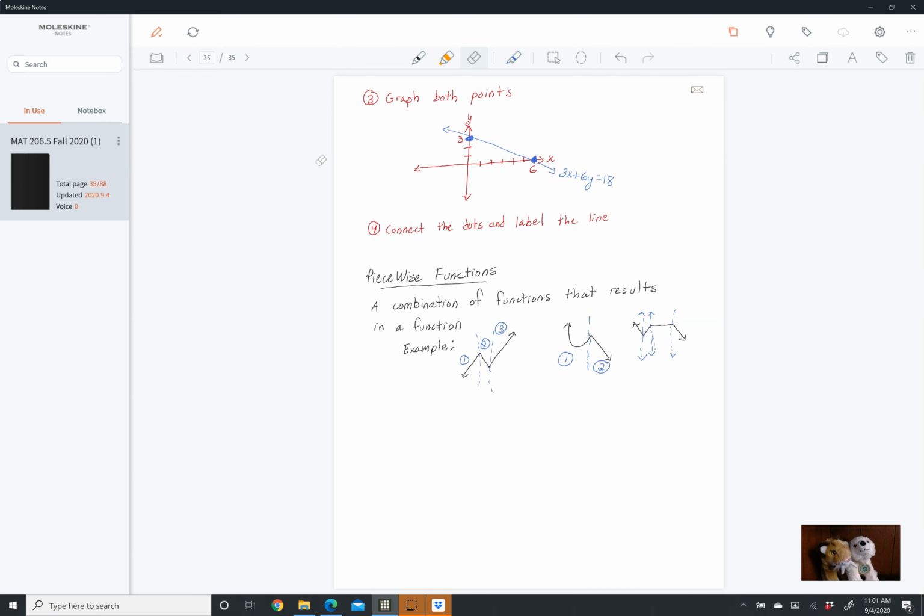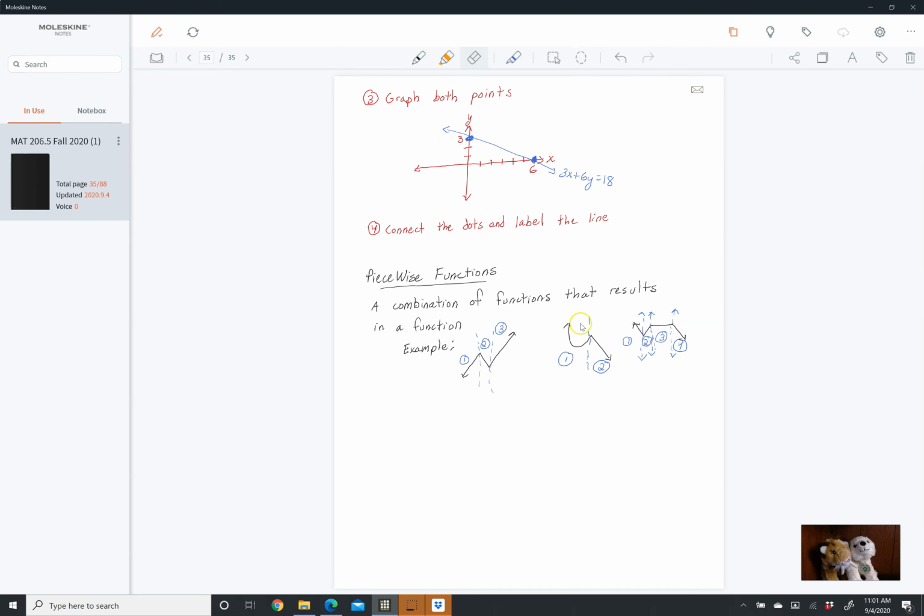It doesn't always have to be a line, right? We already saw that we could have a parabola. It's just that these are the functions that we're talking about right now. Okay, so we have 4 different functions in this one. But again, if we drew a vertical line anywhere on this graph, it would pass, right? We would pass the vertical line test, which means that the final result, when we put them all together, gives us a function.